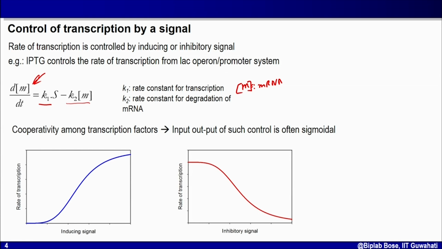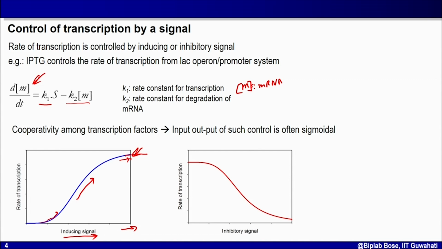As I have shown here in these graphs, in many experiments, for example, in experiments involving IPTG as an external signal for inducing the expression, when the inducing signal is increased, the rate of transcription does not increase linearly, rather it follows a sigmoidal path as I have shown and eventually saturates. It does not increase further. If you increase the signal further, it will still remain here at the saturation. So it is a non-linear behavior.